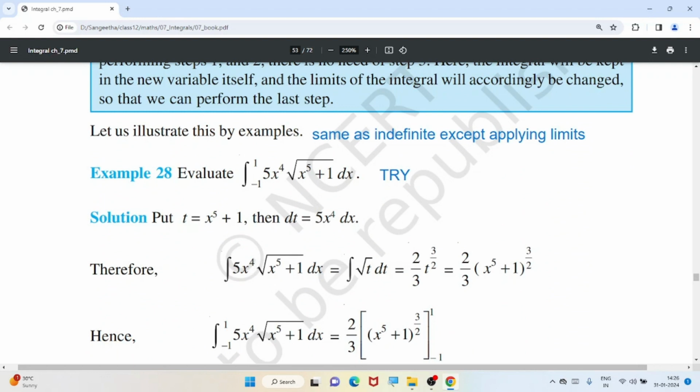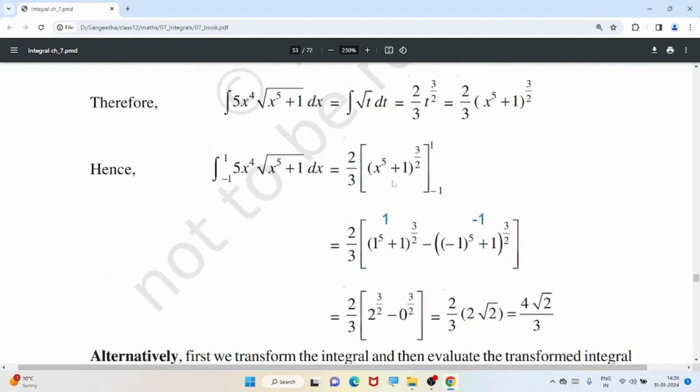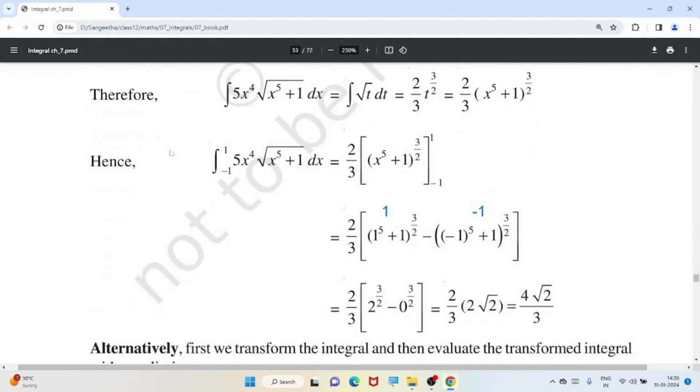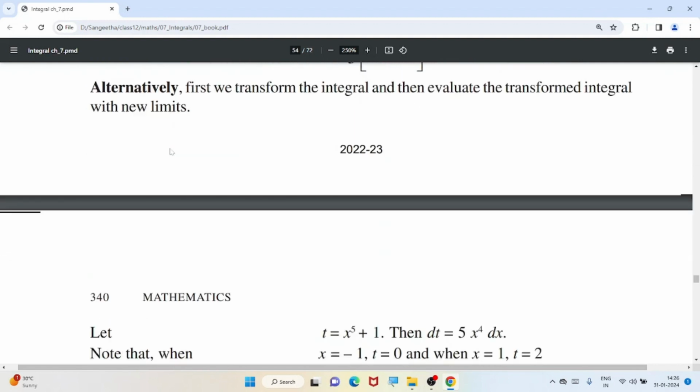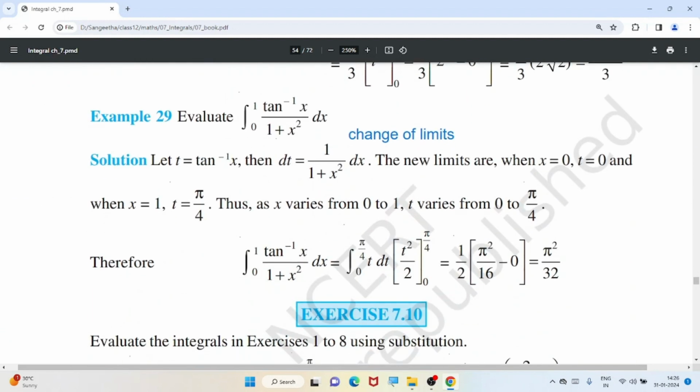So we use the substitution rule, then apply these limits, minus 1 to plus 1. We do the substitution, same as above in indefinite, but finally we apply the limits; in indefinite we don't apply limits. Here, in terms of tan, see how they are changing the limits from 0 to 1 into 0 to 5 by 4.